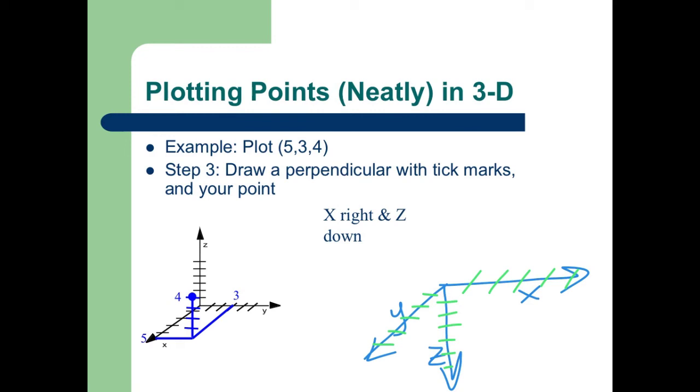Let's see. So we're going to start by plotting the point on the ground plane, right? We're drawing those two lines on the ground plane. In this case, the ground plane is still formed by x and y, so we have to figure out the 5 and the 3 again. So x is 5, so we go 1, 2, 3, 4, 5. Maybe we'll change colors. There's kind of my x.